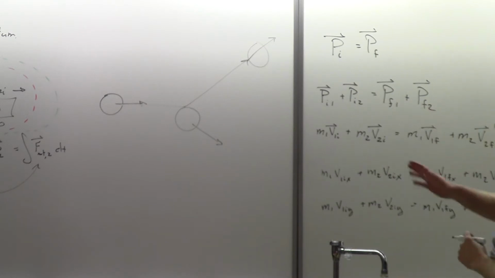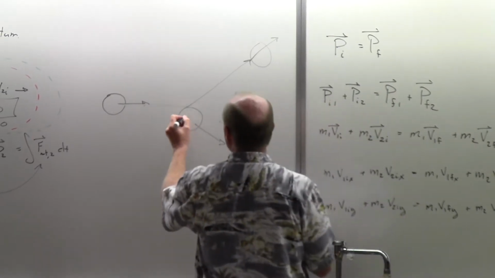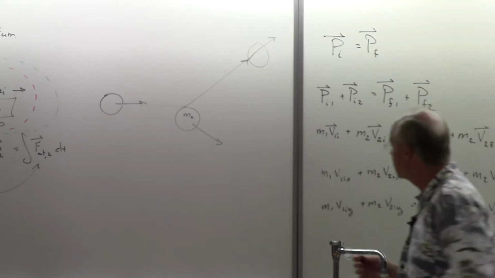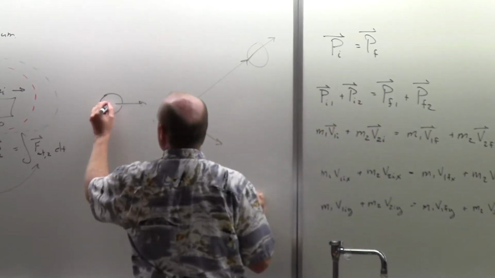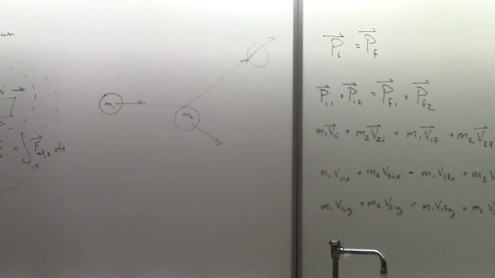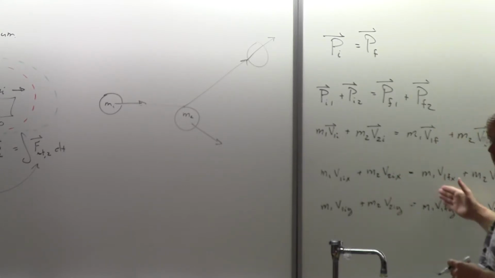I'm drawing this one as if the second one is stationary at first, like that shuffleboard problem. You've got one disc coming in and it hits another disc, and it ricochets off, and the two go off at an angle there. But my point is that if it does go off at some angle, then we've got this two-dimensional type of problem. We have to conserve momentum in the x and conserve momentum in the y. And then we have conservation of energy.